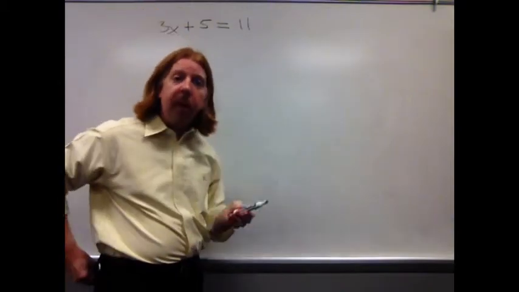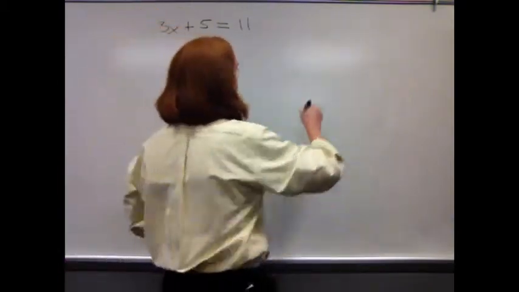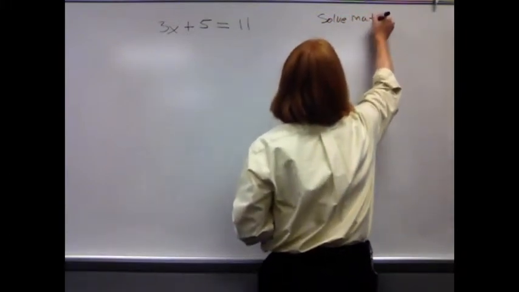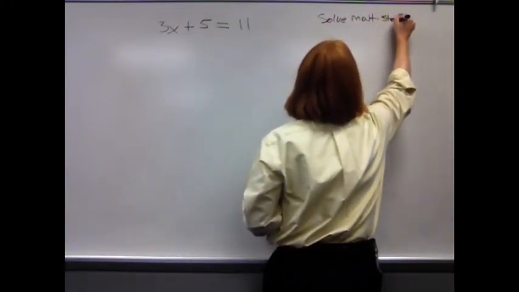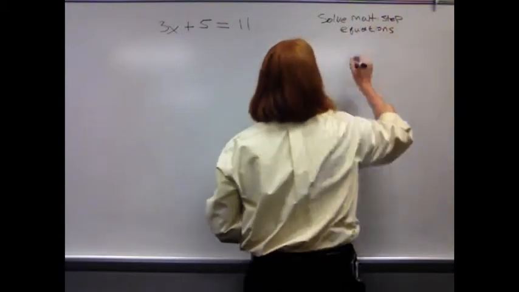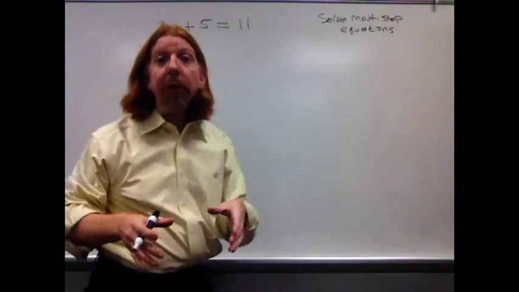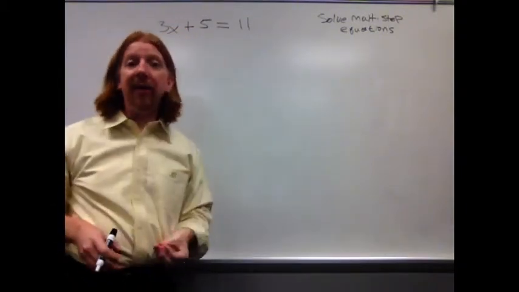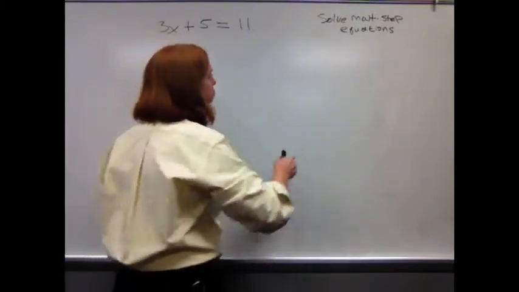So, let's start with this problem first. Remember, our goal is to solve multi-step equations. And to achieve this goal, we're going to use visuals to take the abstract algebra and make it as concrete as possible.